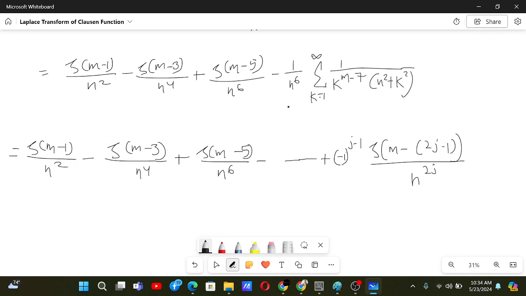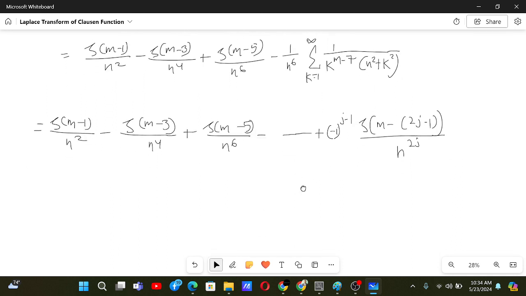And now, we also have to write the sum that will come after the jth term. In the third term it's plus, and in this term it's minus, so the sign alternates. So over here it should be minus 1 to the power j.